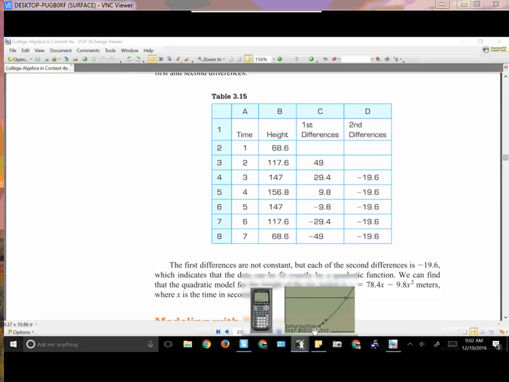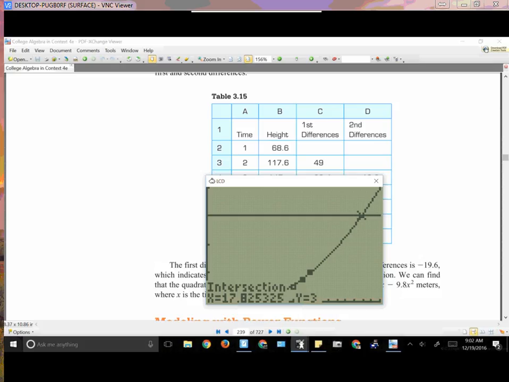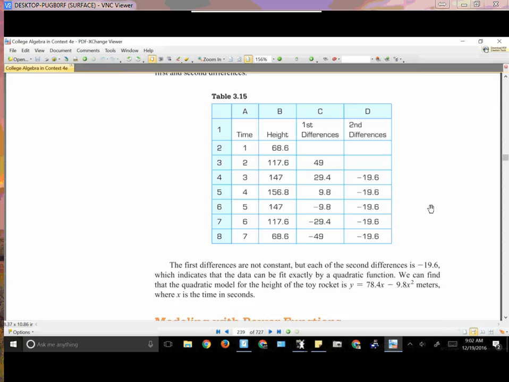If I go back to what I had here, depending upon the window, if I were just to look at it from, say, this point on up over here, does that look fairly straight? So if you cannot determine whether you have a curve or a straight graph from the data, you're going to have to take a look at first at the differences. If the second differences are basically the same, quadratic.